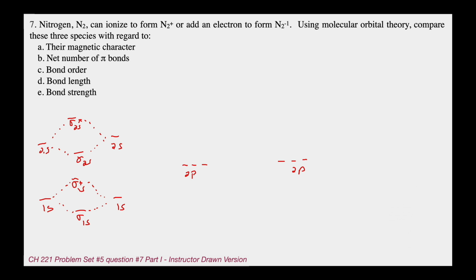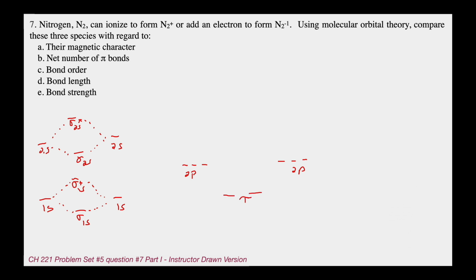The 2p interactions are different for NBC versus OFNE. In the OFNE, it was a 1-2-2-1 configuration where sigma was first, followed by pi, then pi star, then sigma star. Well, when you have NBC, so for things like N2 here, or C2 or B2 or CN minus, what happens is it goes 2-1, 2-1.